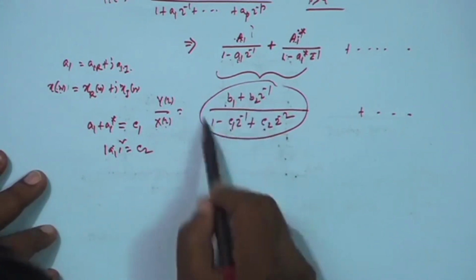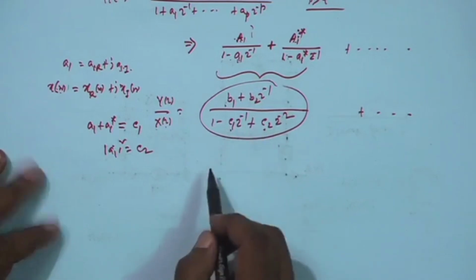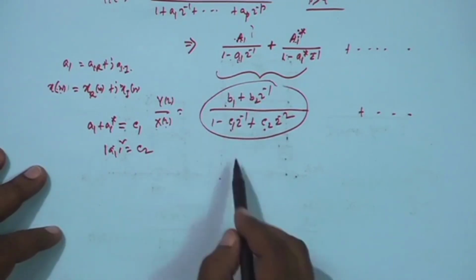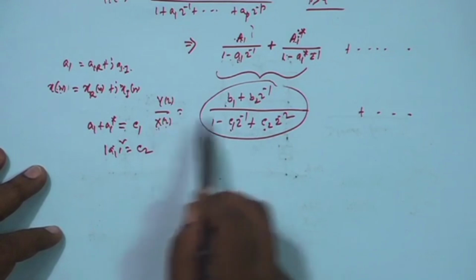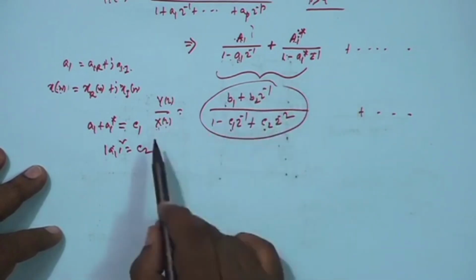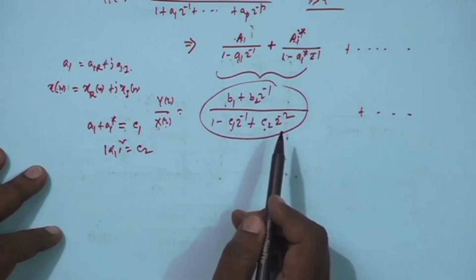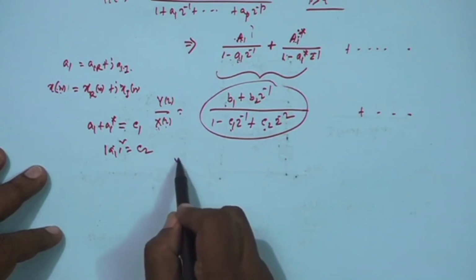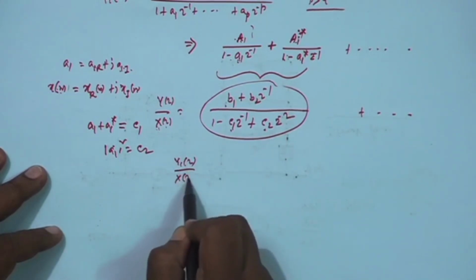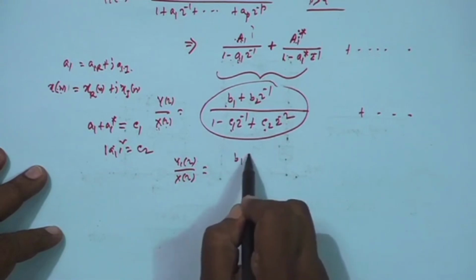X(z) into this means basically it is a filter. As though this is a filter, its input is X(z). If you call the output Y1(z), then Y1(z) by X(z) is this.